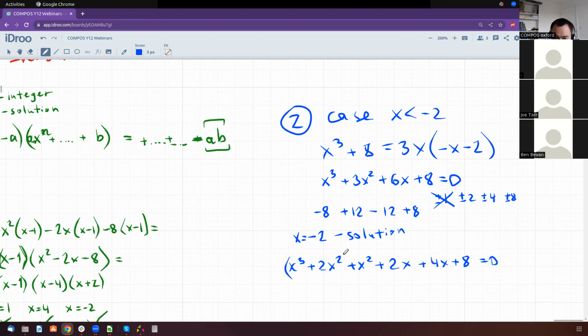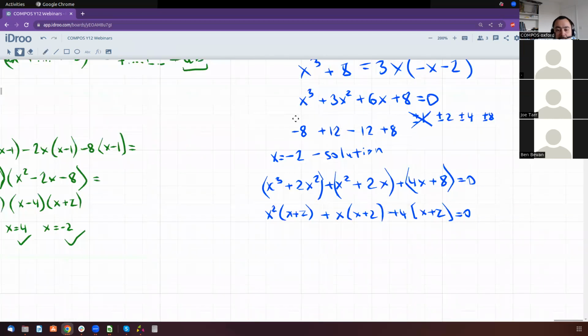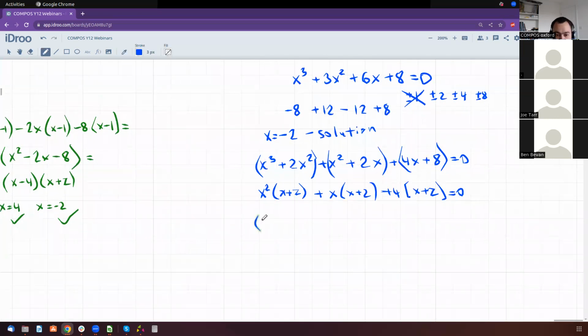We can factor out x plus 2 in each case: x squared, x plus 2, plus x plus 2, plus 4, x plus 2 equals 0. And then I get x plus 2, x squared plus x plus 4.